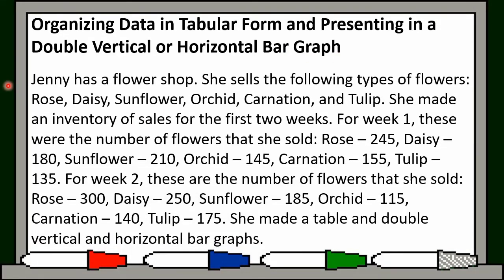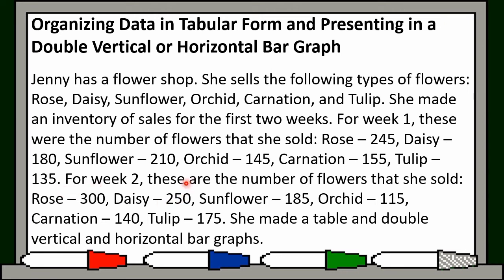Let us read. Jenny has a flower shop. She sells the following types of flowers: rose, daisy, sunflower, orchids, carnation, and tulips. She made an inventory of sales for the first 2 weeks. For week 1, these were the number of flowers that she sold: rose 245, daisy 180, sunflower 210, orchid 145, carnation 155, tulip 135.